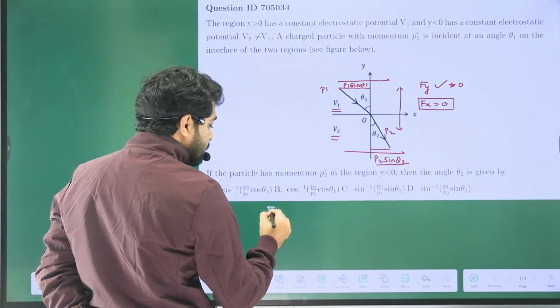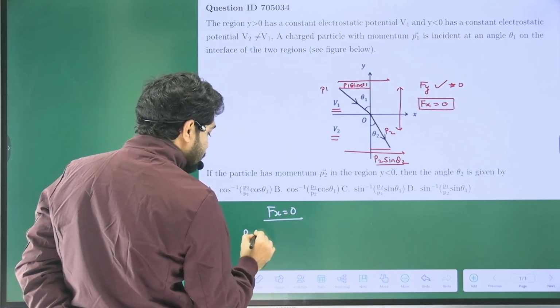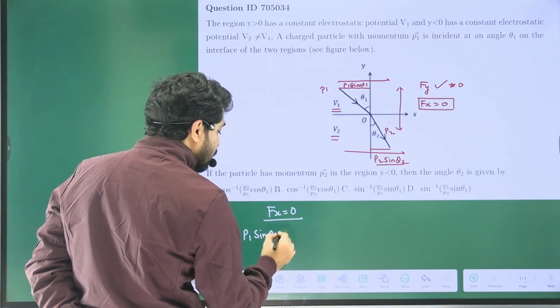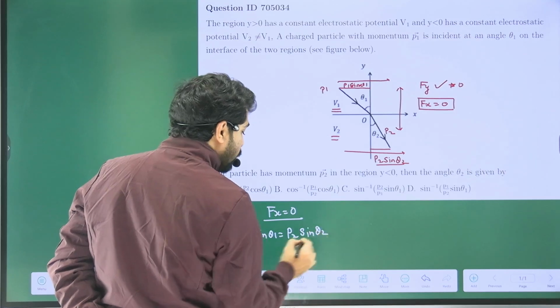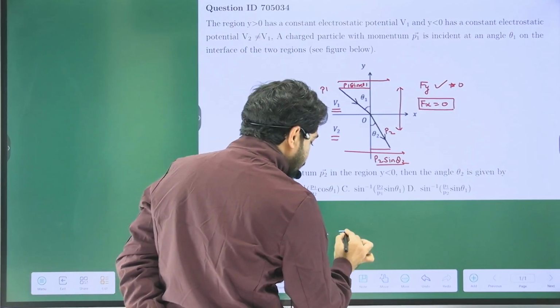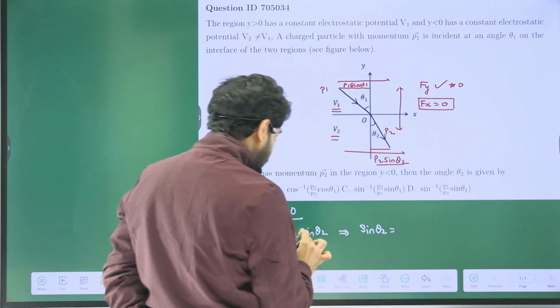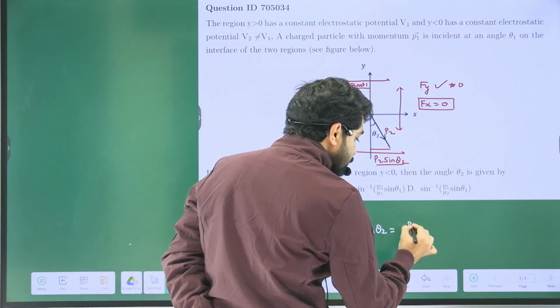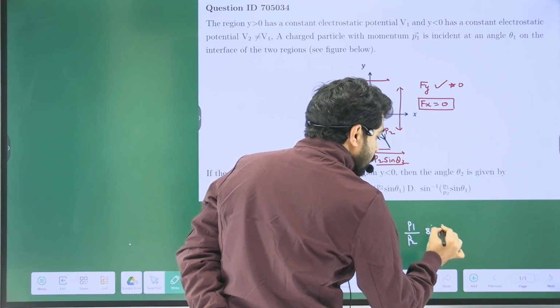Since Fx is equal to 0, P1 sin θ1 is equal to P2 sin θ2. We have to calculate the value of θ2, so sin θ2 is equal to P1 by P2 times sin θ1.